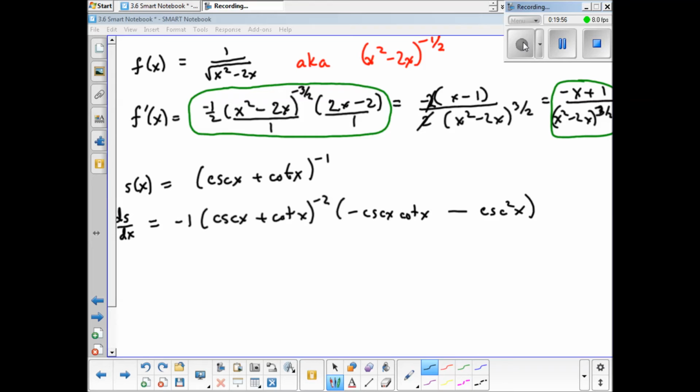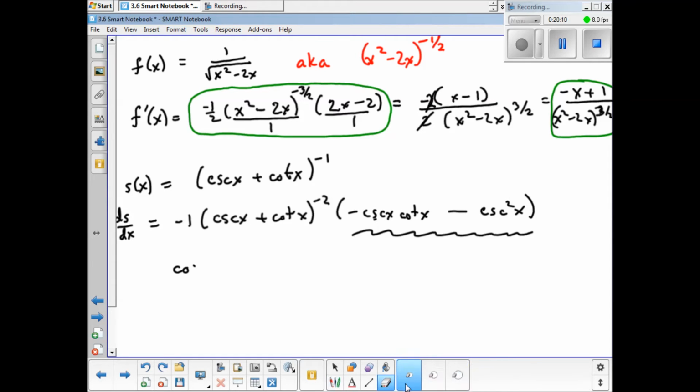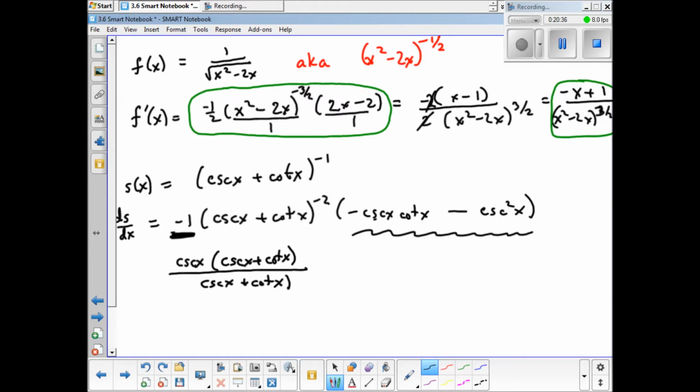Okay, let's factor out a negative cosecant from this part, and we'll bring it all the way out to the very front. I get cosecant x, so the negative cancels with the negative that was out front in the beginning, times cosecant x plus cotangent x, all over cosecant x plus cotangent x squared.